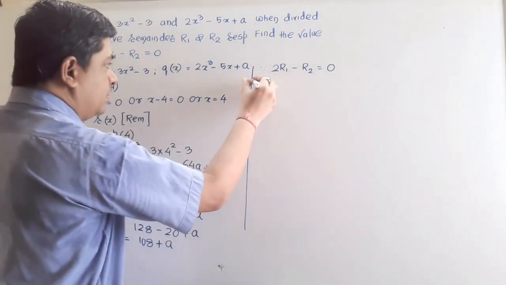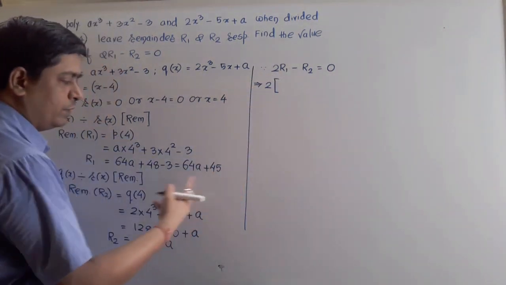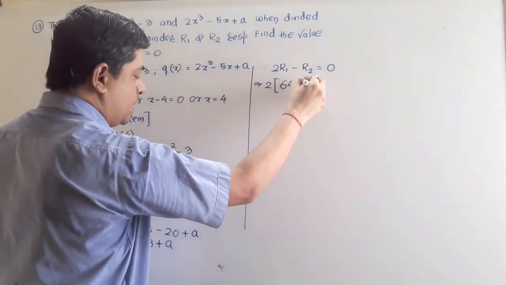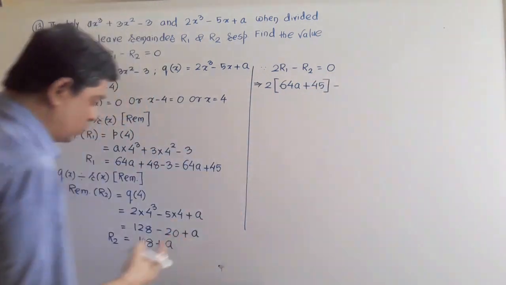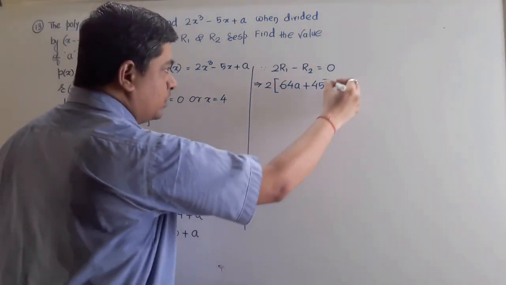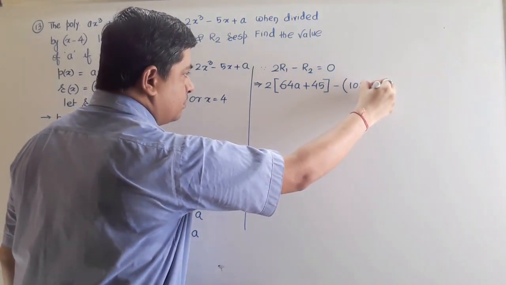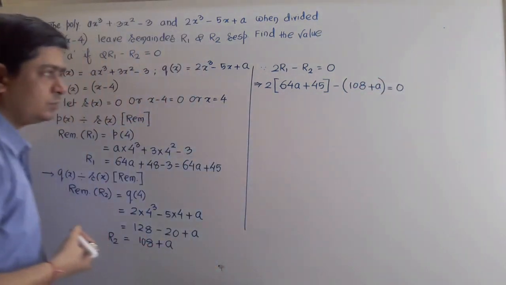So that will be 2 multiplied by, in the bracket, because this whole value will be multiplied by 2, 64a plus 45, minus R2. R2 I have 108 plus a, so that is equal to 0.